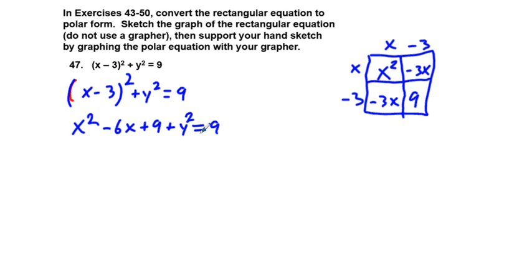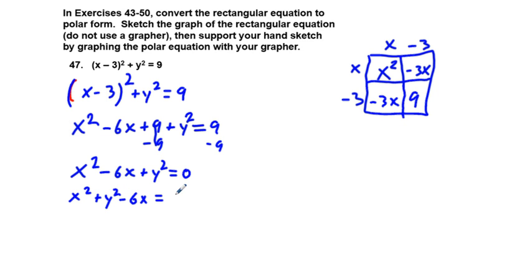And we can subtract 9 from both sides of this equation. When we do that, we get x squared minus 6x plus y squared equals 0. And just rearranging, we can put x squared plus y squared minus 6x equals 0.